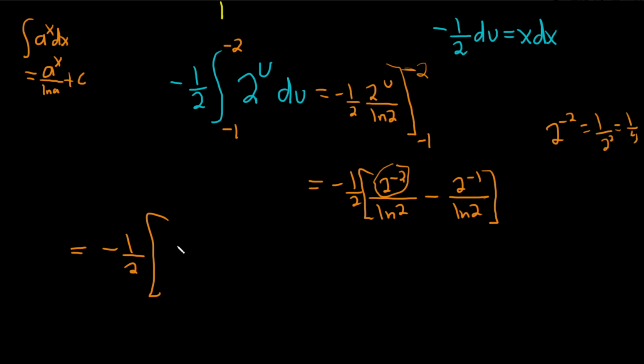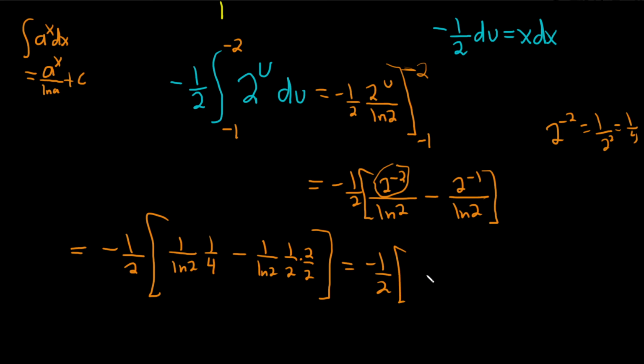So we can write this as 1 over ln 2, 1 over 4, minus, this would be 1 over ln 2, 1 over 2. And I'd like to perform the subtraction here. So what I'm going to do is multiply this by 2 over 2. So we end up with, watch this, negative 1/2. It's pretty clever, I think.